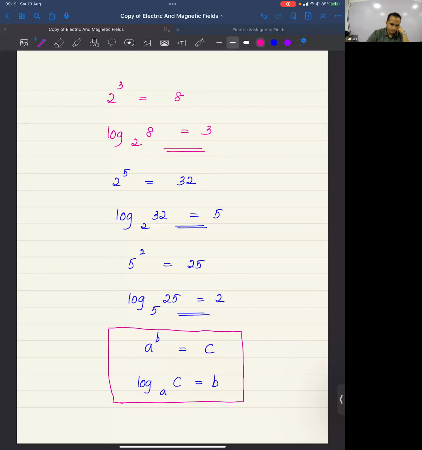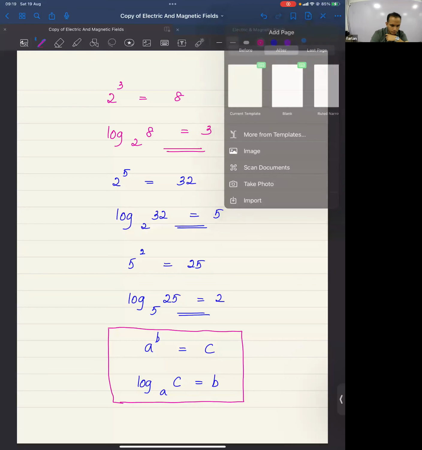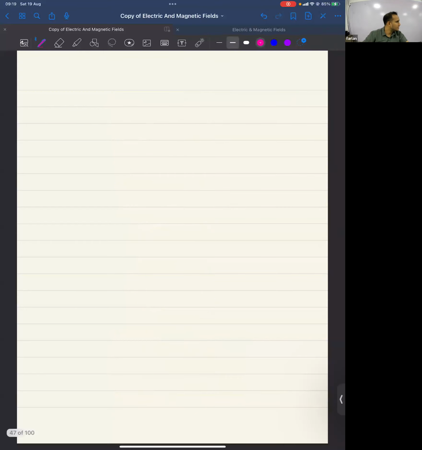Right. Then, because now I told you e is a special number, let's say e to the power x equals y.